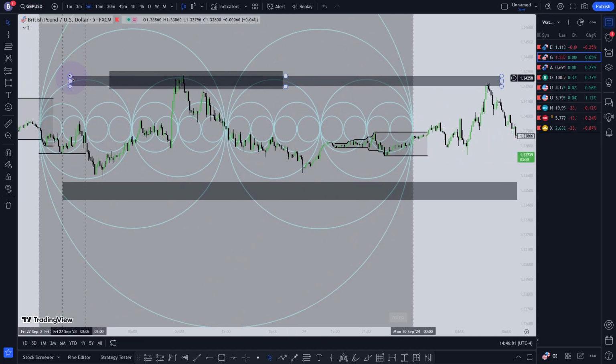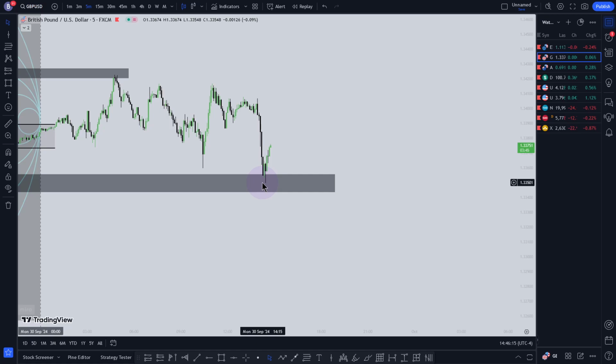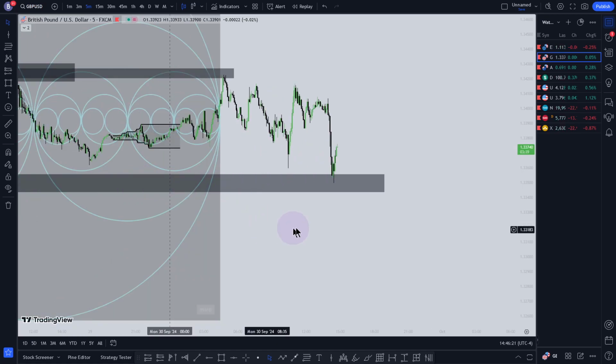But this will be our main zone because it's basically in the Enigma 2.0 zone, so we will focus on that also.